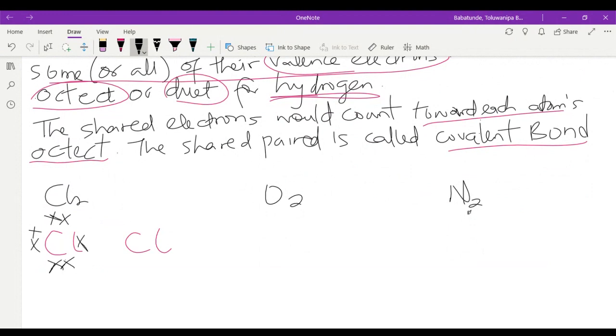The second chlorine atom has 1, 2, 3, 4, 5, 6, and 7.